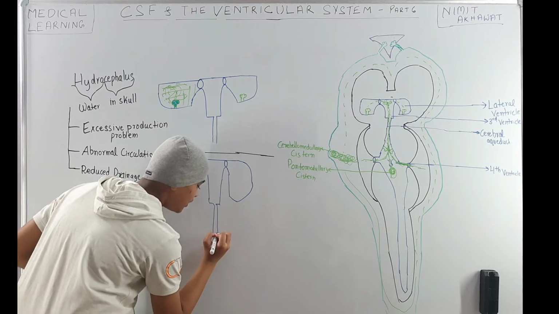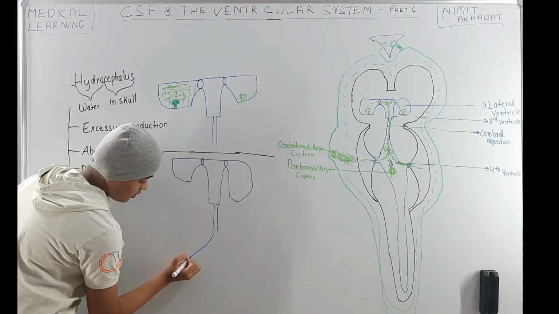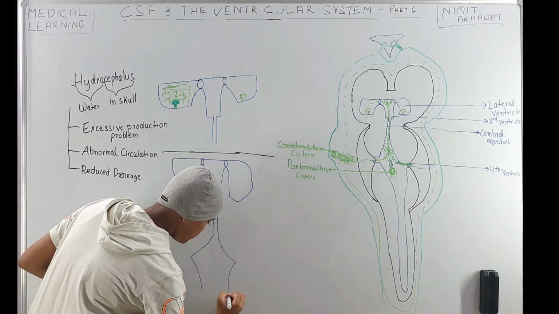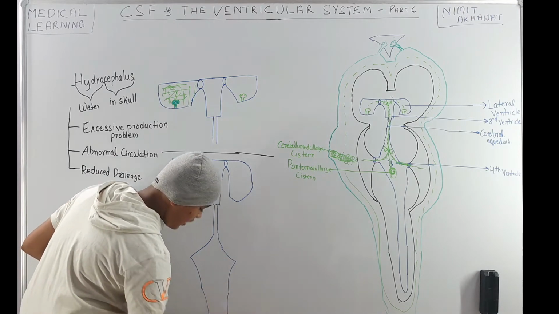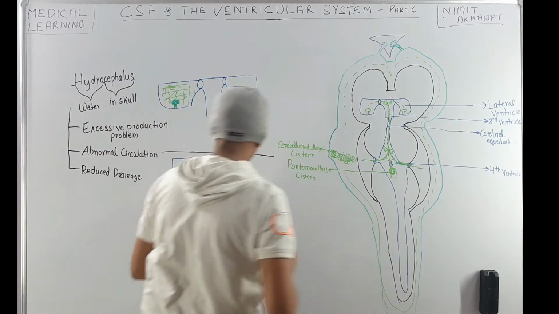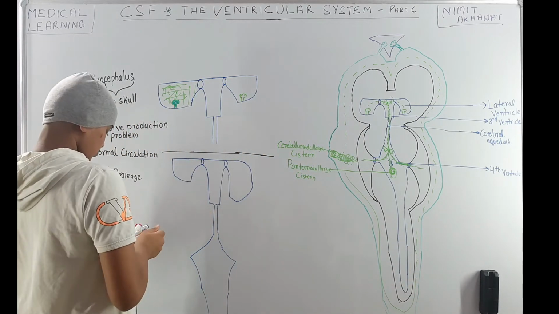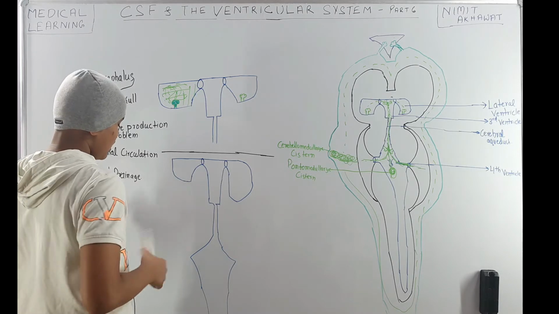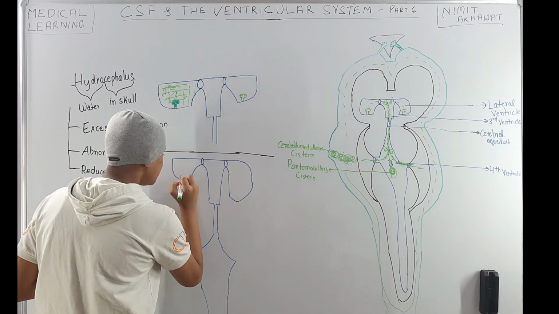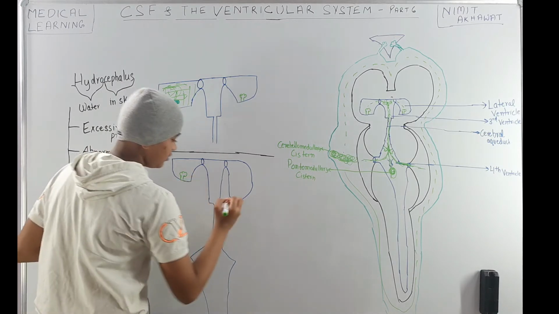And the cerebral aqueduct forming the fourth ventricle. And the central canal descending downwards towards the spinal cord. And the choroid plexus present in the lateral ventricle produces cerebrospinal fluid.